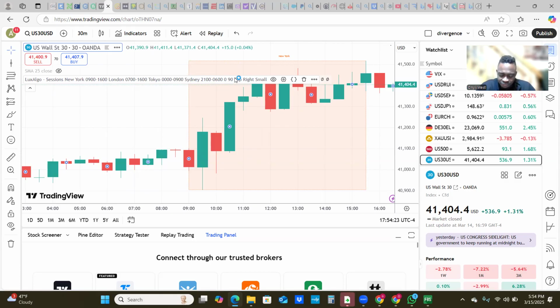So that's 750. We got 750 pips from US30 on a 30 minutes time frame. Not too bad. Depends on how much risk you put in. 750 pips for the week could result in a lot of money for the week.